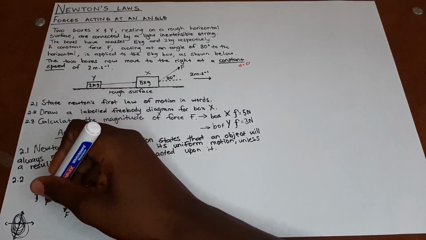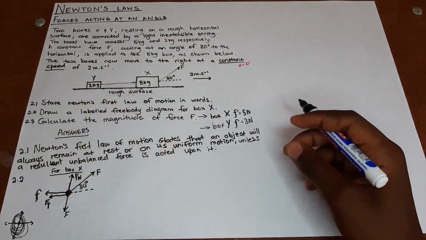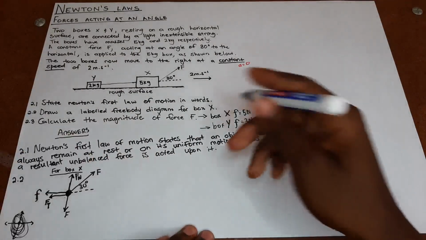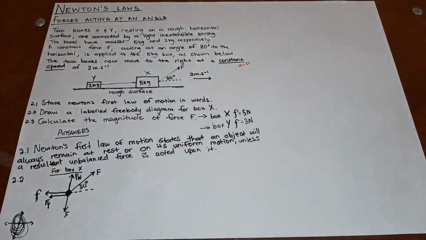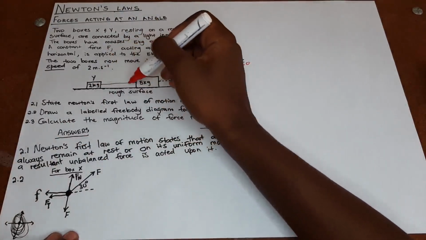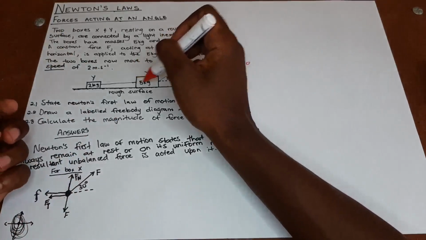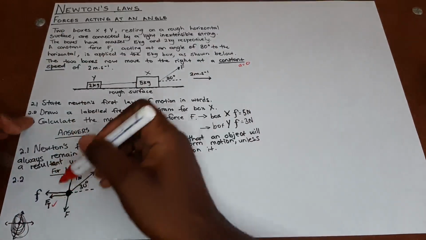This is your FT, your tension force. This is whereby a 2 kg block is pulling back this 5 kg block while it's moving forward. The tension force is there.